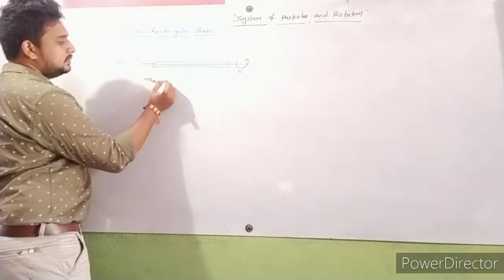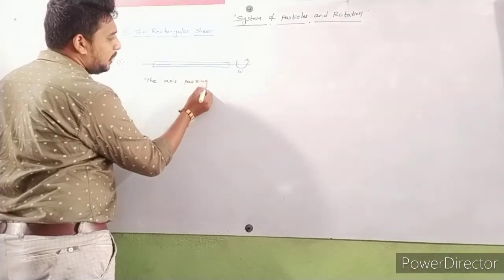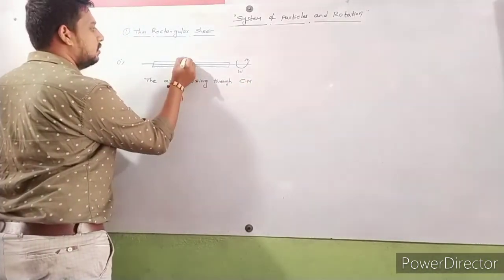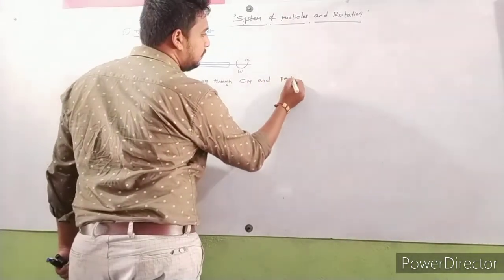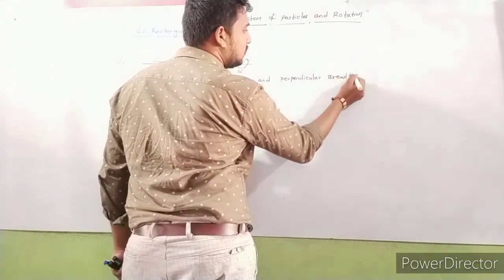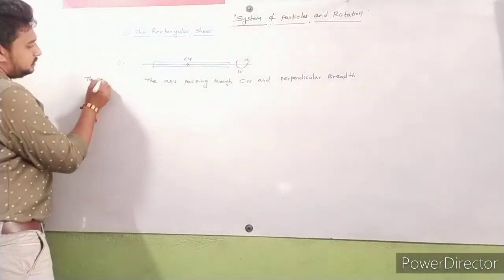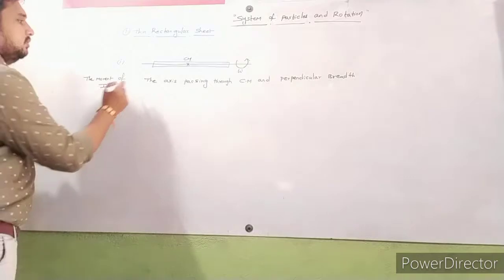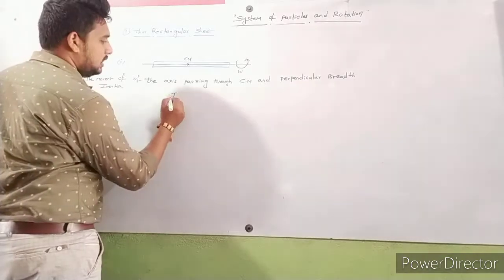The axis passing through center of mass and perpendicular to breadth, the moment of inertia of the axis passing through center of mass and perpendicular to breadth, I is equal to 0.